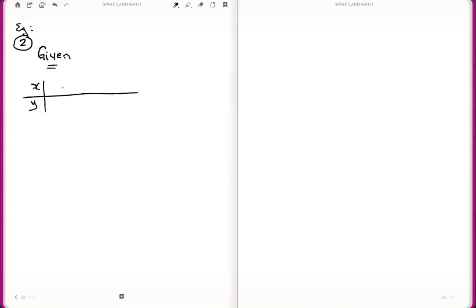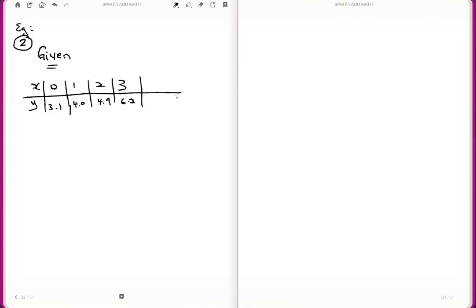I'll try to sketch it here: 0, 1, 2, 3, maybe have some other numbers, but for the sake of demo, I'm not going to list down everything because you don't have graph paper. I'm just going to show you some hints on how to do it. You should practice in your book and look through it.